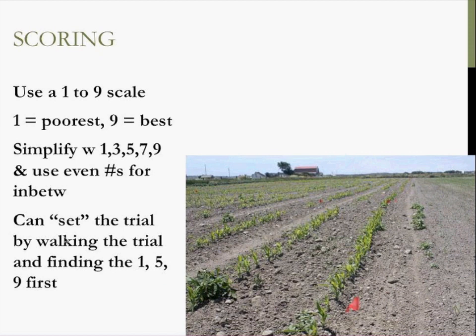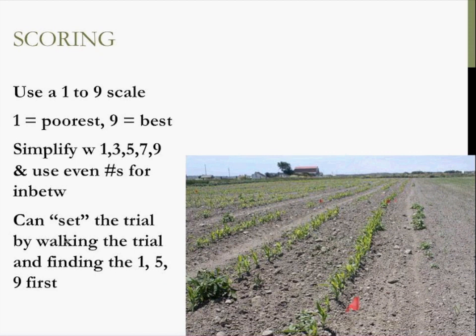So first, when you do a scoring trial, since you're not actually getting a measurement and you have to judge how varieties are performing on this scale, the best thing to do is to walk the whole trial first and decide which one is the worst, which one is the best, find one in the middle. So you have an example of a 1, an example of a 5, an example of a 9.